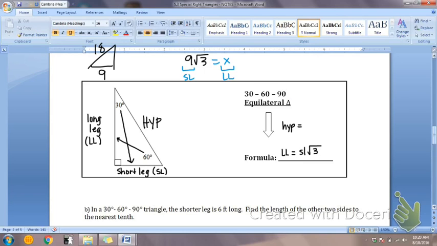Or we cut the hypotenuse in half. So the formula says if you take your short leg and multiply that by 2, you should get your hypotenuse. These are the two formulas you need to know for 30, 60, 90. So let's do an example.